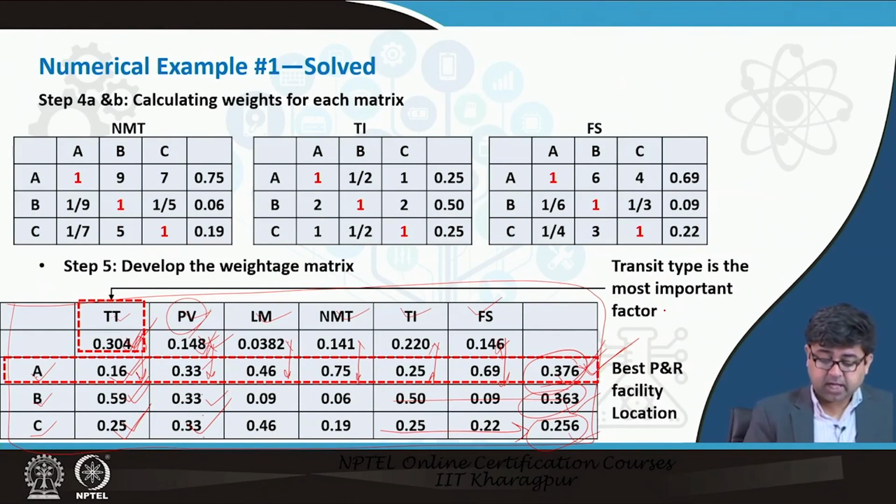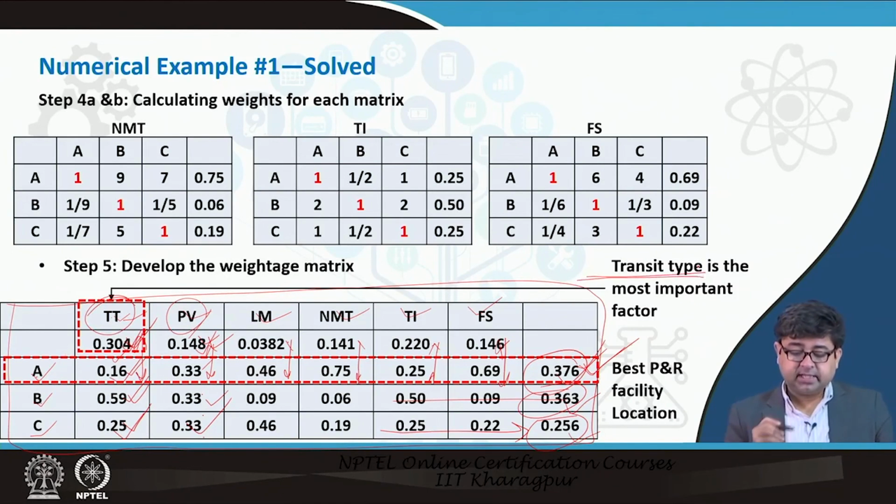The question was also asked which was the most important criteria, and you can see that amongst the criteria, 0.304 is the highest. So, transit type is the most important criteria that goes into the selection of a park and ride lot. For example, if your transit is a metro line versus a BRT, then the location of a park and ride lot would differ in those two cases.